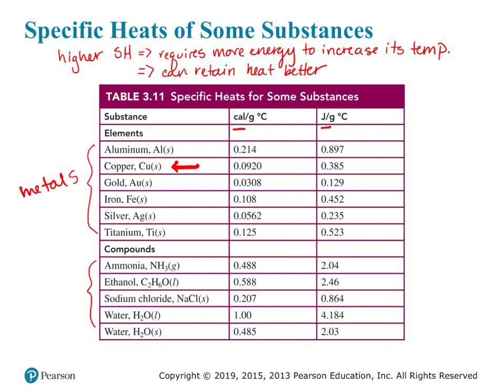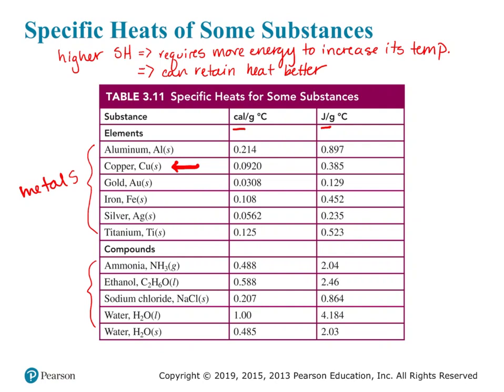It's really good as cookware, so it can heat up your food really well. And that's because it doesn't take a lot of heat for copper to increase its temperature. But then additionally, copper can give off heat really easily, so it can heat up your food really easily. And that's true for most metals.